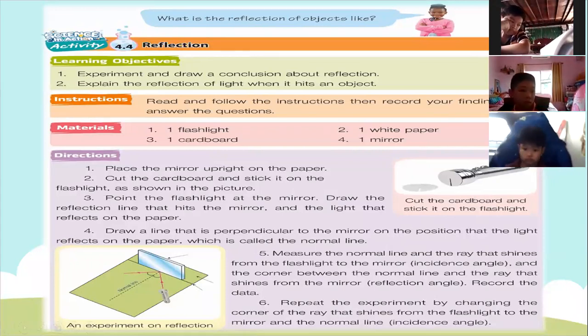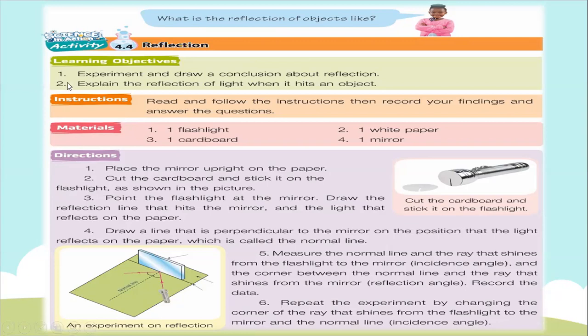For this experiment, what do we require? First of all, what are the learning objectives? Number one, experiment and draw a conclusion about reflection. So this experiment is to understand reflection.